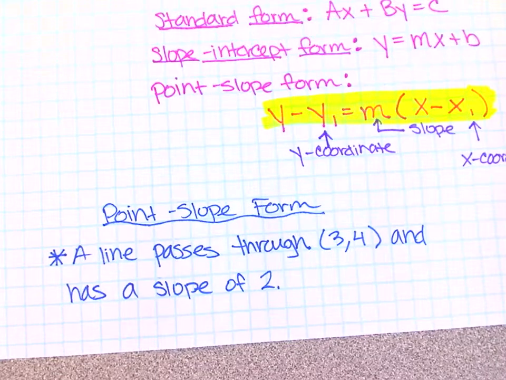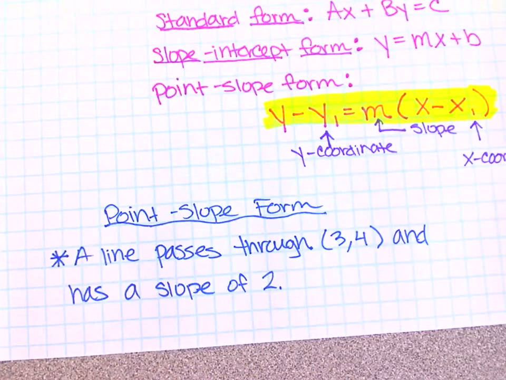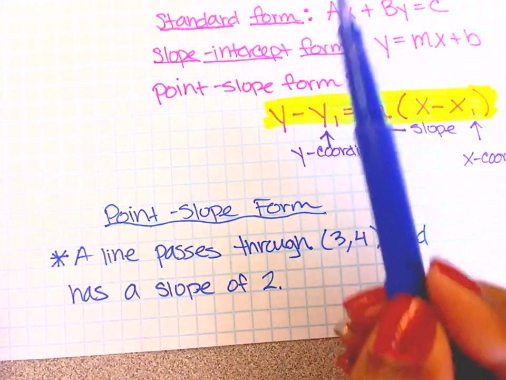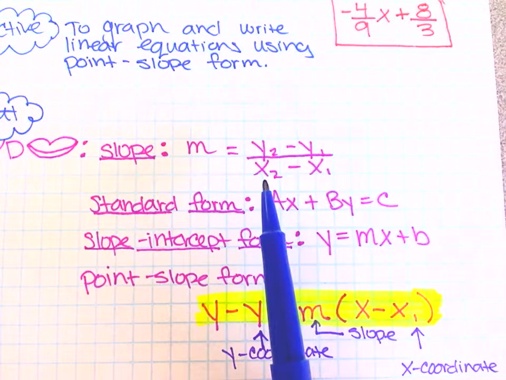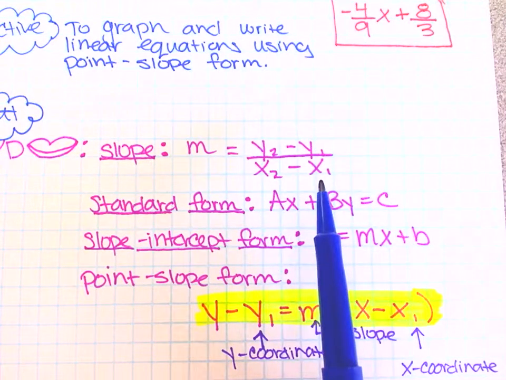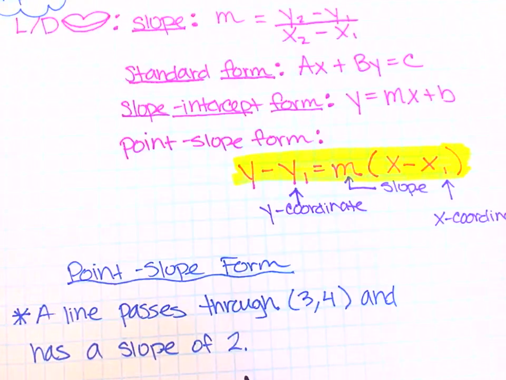Okay, so the first thing we have to do is know that that's how a question in point slope form is going to ask you how to solve. You can also be using the formula that we need to use, which is the slope formula up here: y2 minus y1 over x2 minus x1, and then equals a slope of 2.